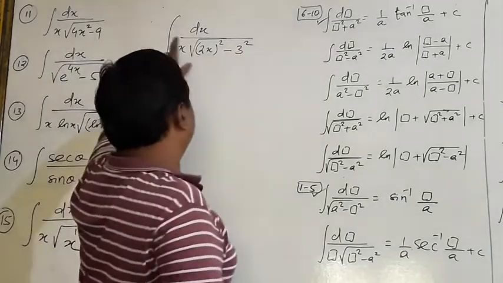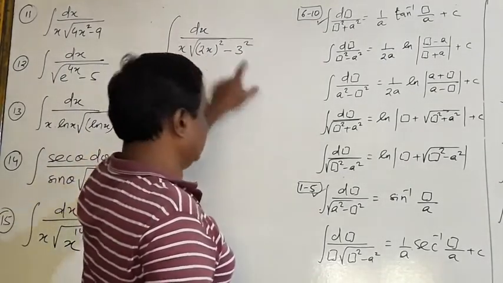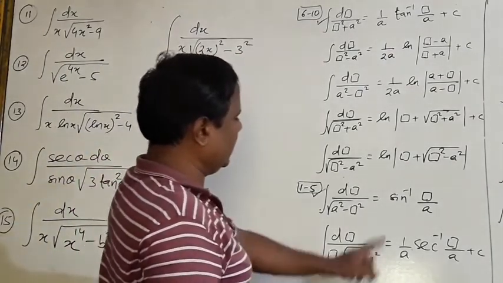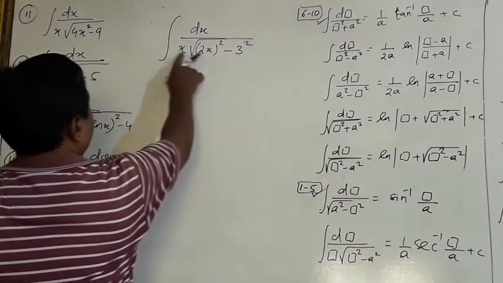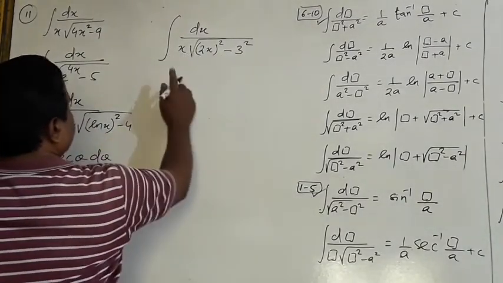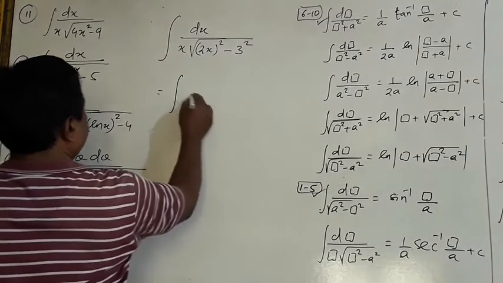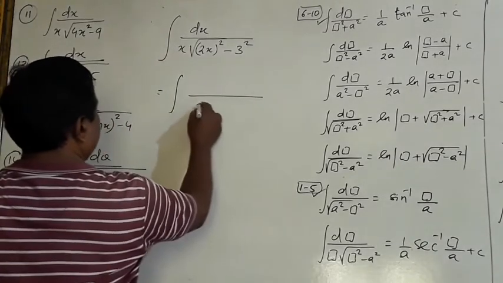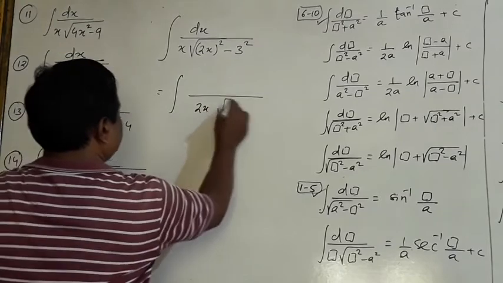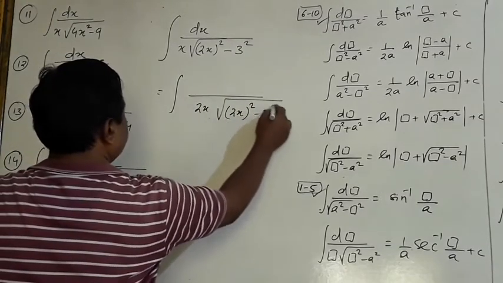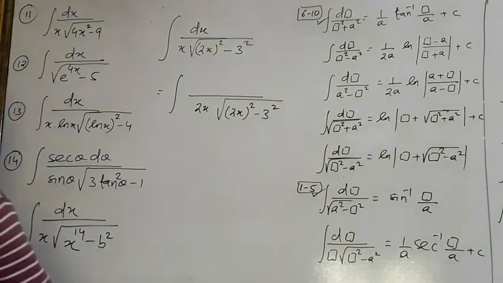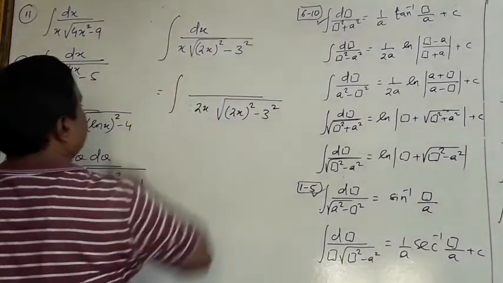So which formula? Baxter square minus a square. So in place of this, here it should be 2x. So what will be there? In first you write 2x, then take 2x square minus 3 square, and it should be derivative of 2x.